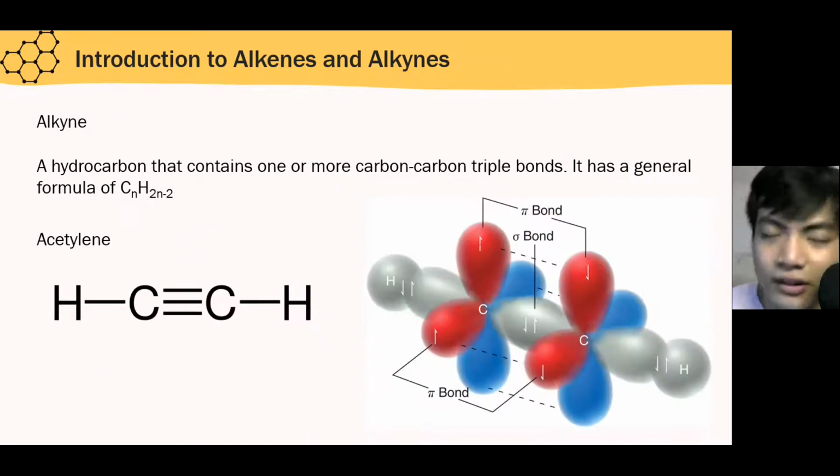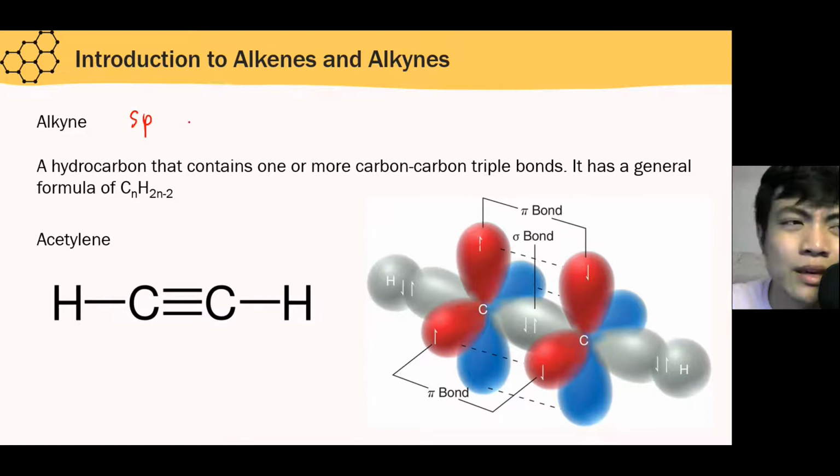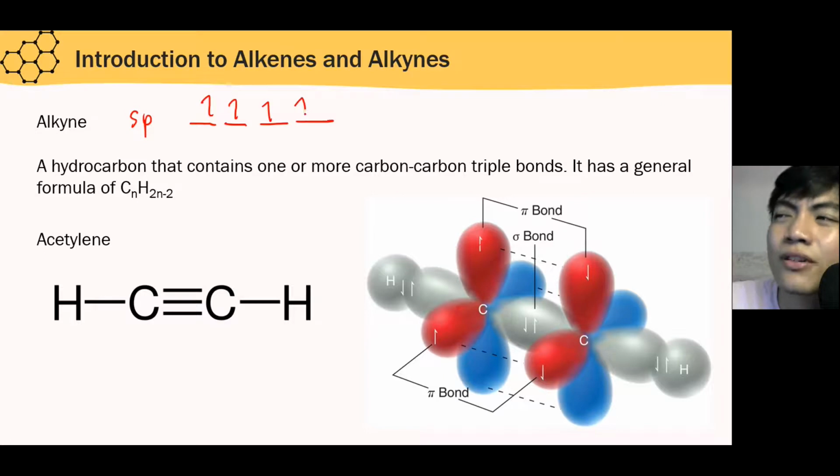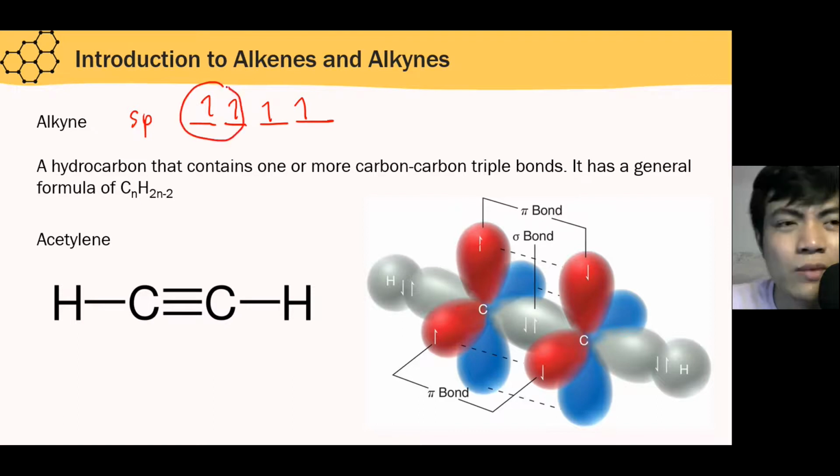And then for alkyne, which is another type of hydrocarbon in which you have a triple bond, whenever we have a triple bond, the idea is that your atom is sp in hybridization, meaning that in the four hybridized electrons, only 2 of them will be used to create the sigma bond.